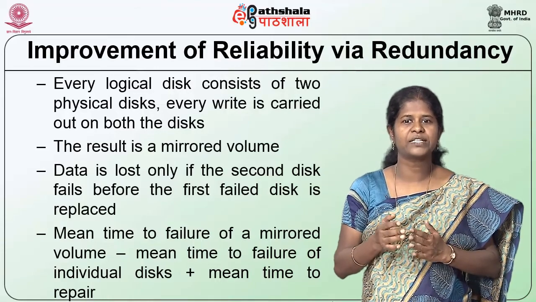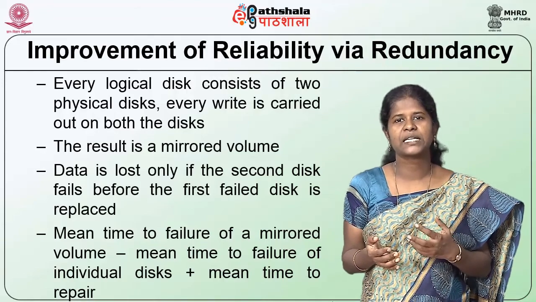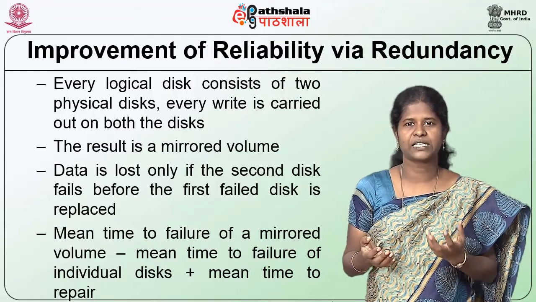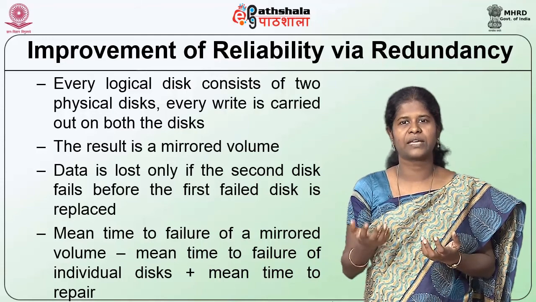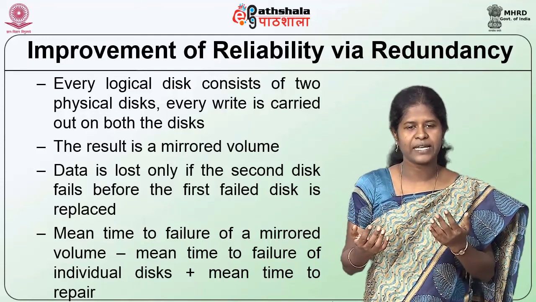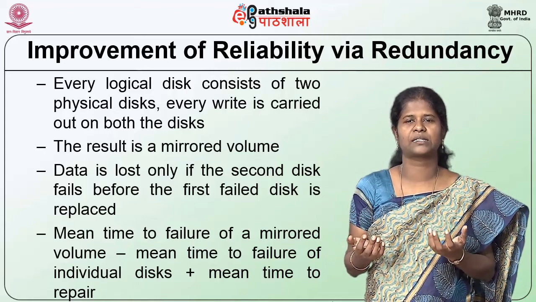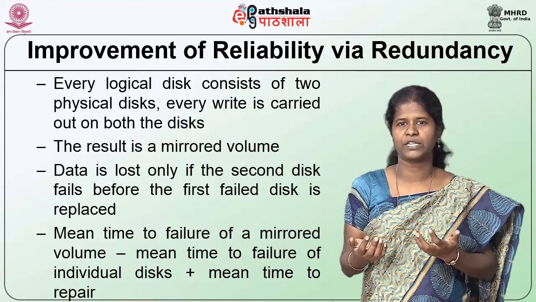But here the data is lost only if the second disk fails before the first failed disk is replaced. Say the first disk fails and now the second disk can be used. So, you continue to use the second disk. It takes some time to repair the first disk.